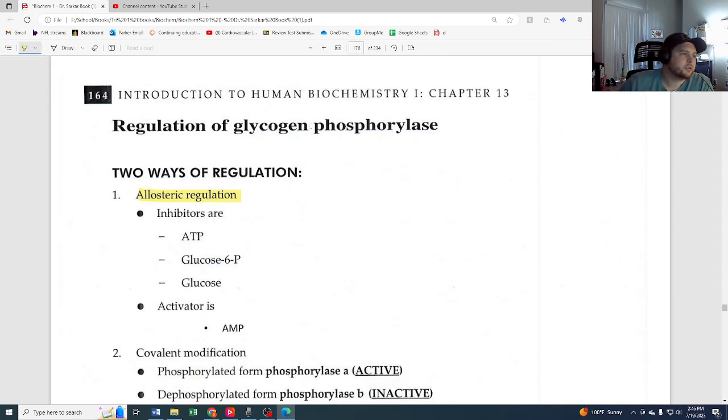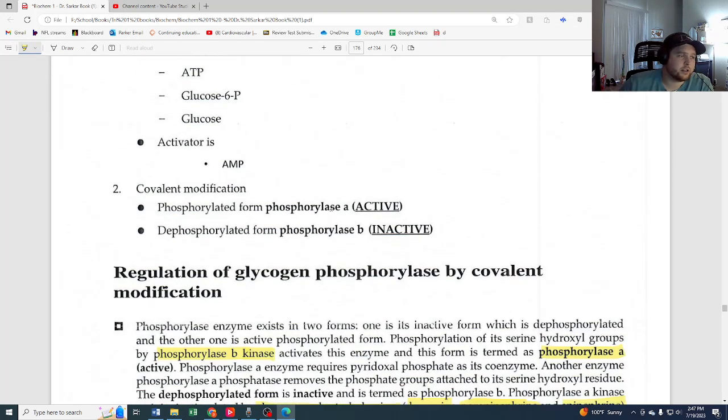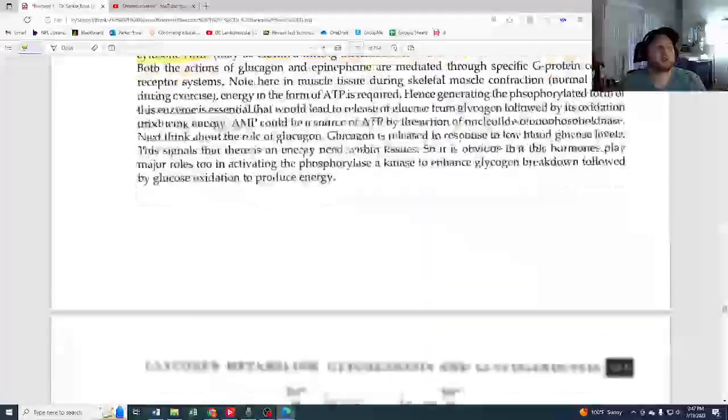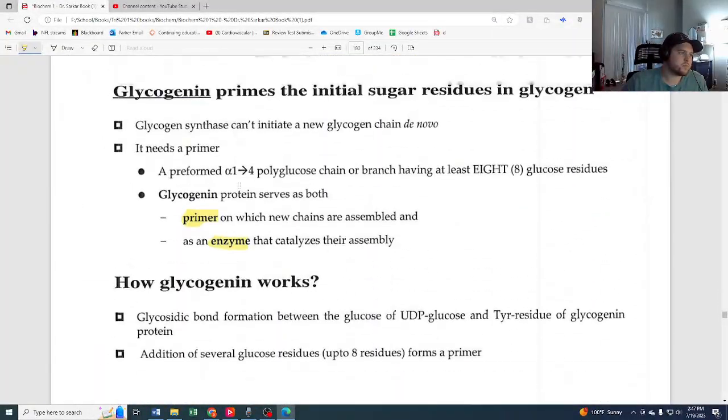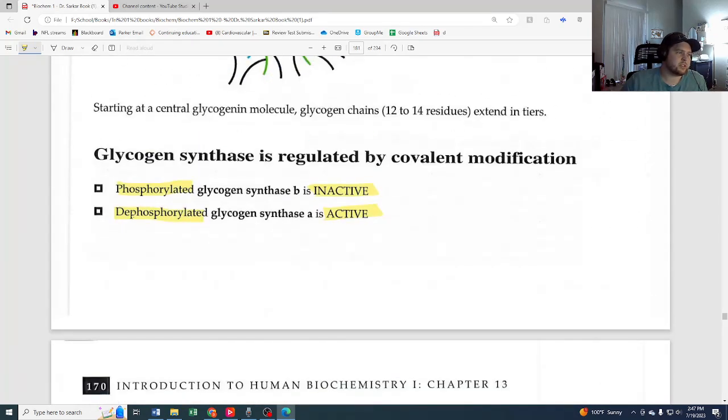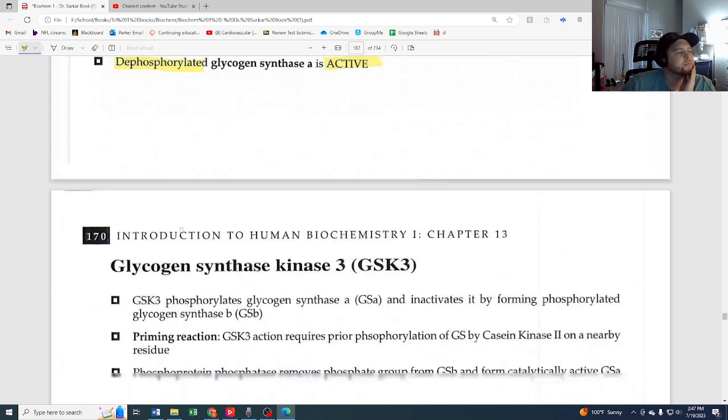Earlier, with phosphorylase, way up here, the phosphorylated form was the active form, and the dephosphorylated is the inactive. But down here, now the dephosphorylated is the active form. So make sure you keep an eye on that and keep those two straight, because that's an easy test question that they could ask.